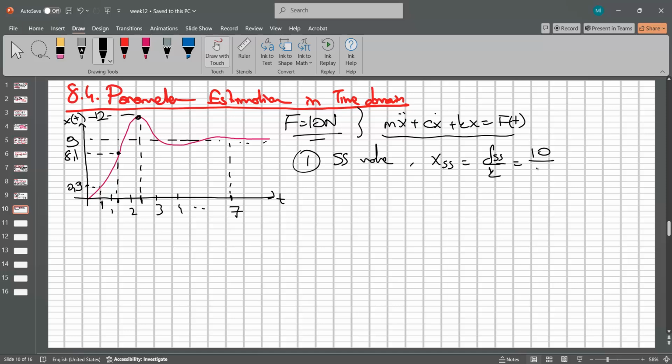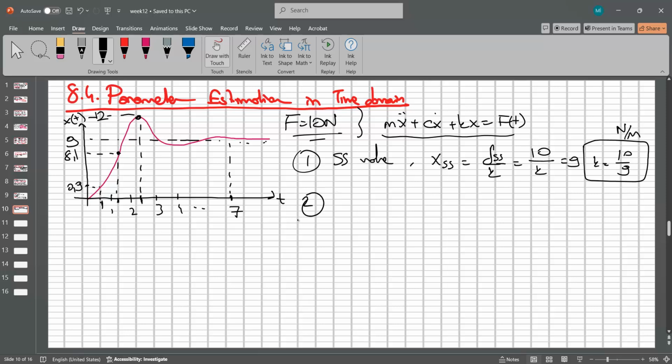And so 10 divided by k must be equal to the 9. And so what is the value of k? 9 Newton meter. Right? This is the k value. This is the spring factor of this system.